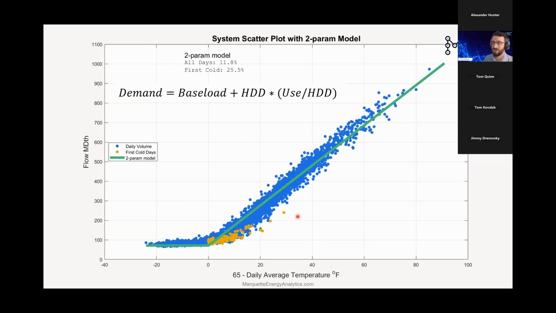It's going to get 12% error on all days, but it's going to do pretty terribly on those first cold days with a 25% error, which is not very good. And we can sort of see why that happens if we look at our graph here, where our green line is well above where the majority of these yellow points are.